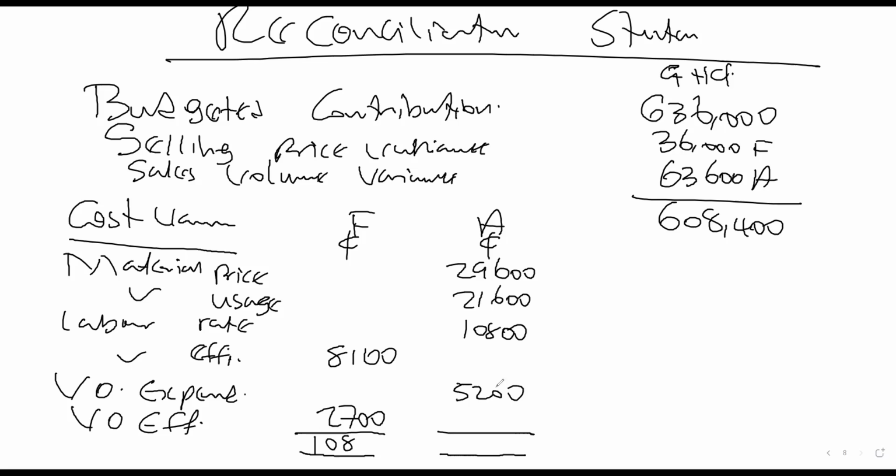Then adverse, you add all adverse too: 67,200. The difference, 10,800 minus 67,200, is 56,400 adverse.